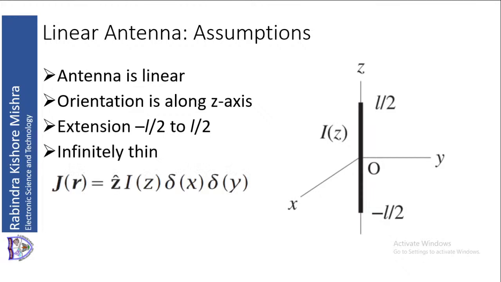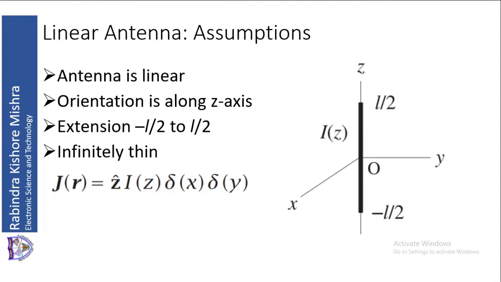Now that also has a physical significance. What does it physically signify? When you go to minus L by 2, beyond that there is no conductor, therefore beyond minus L by 2 there is no current. Similarly, beyond L by 2 there is no conductor, therefore no current.